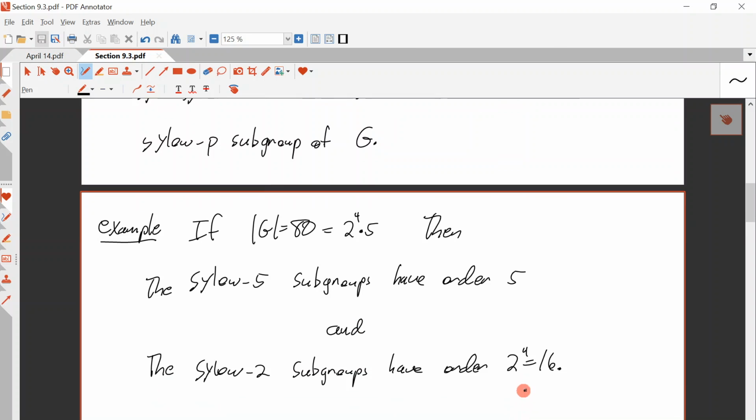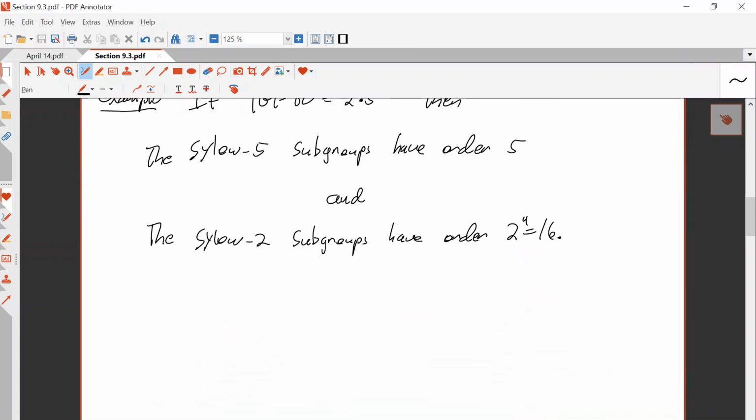Okay, now there's a close relationship between Sylow subgroups for the same prime, and this is given by Sylow's second theorem.